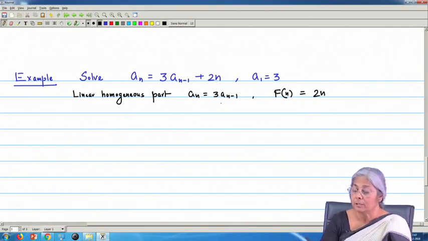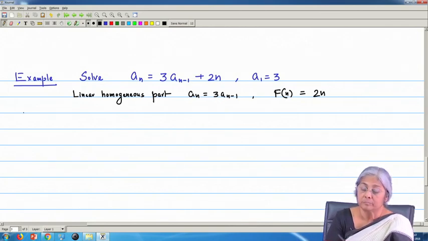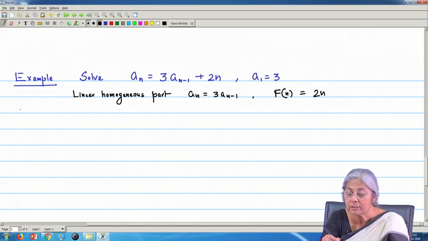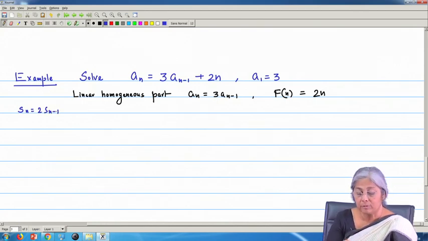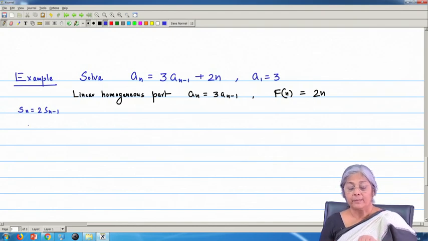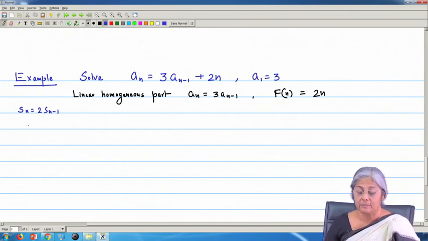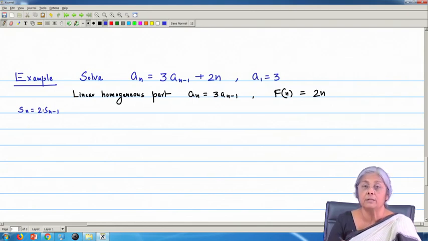If I remember quickly our number of subsets of a set, S n equal to 2 S n minus 1, when we framed the recurrence relation for the number of subsets of a set having n elements, and by applying the technique of iteration we got the solution S n equal to 2 to the power n.